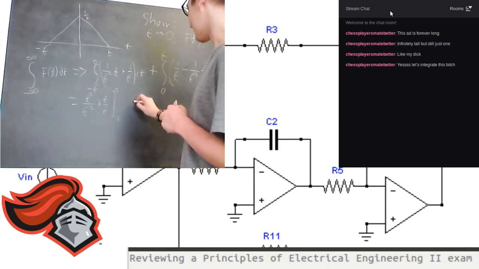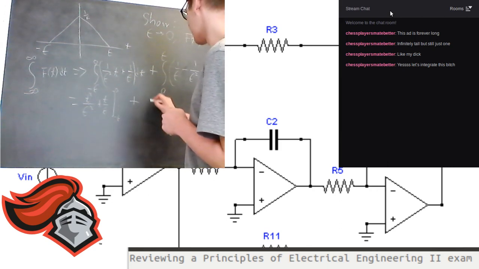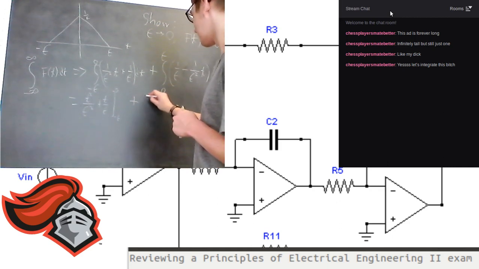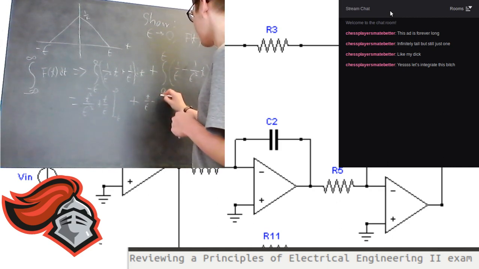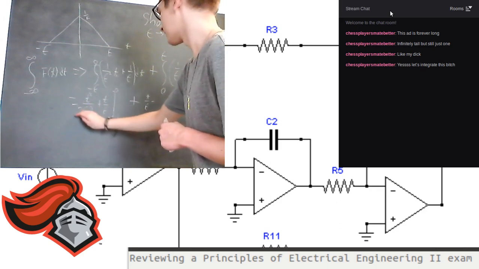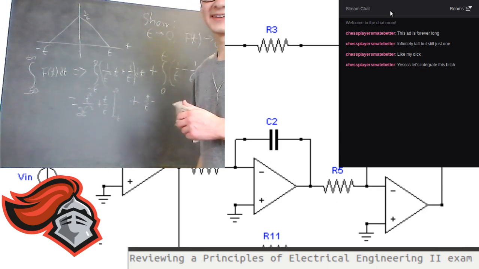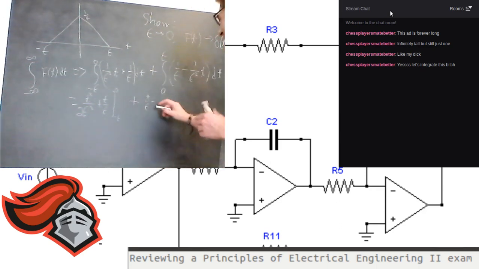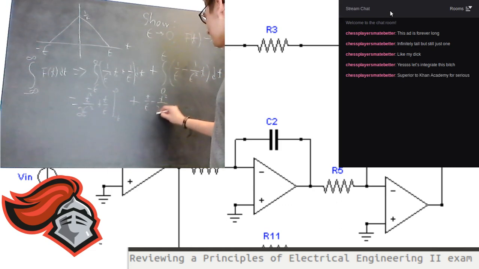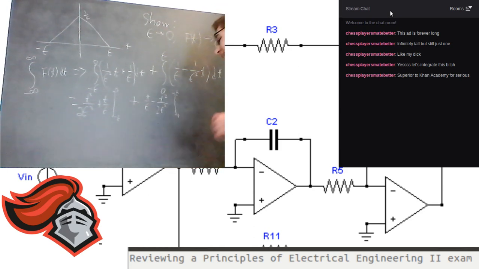And then we add this to t over epsilon minus t squared over 2 epsilon squared evaluated from 0 to positive epsilon.